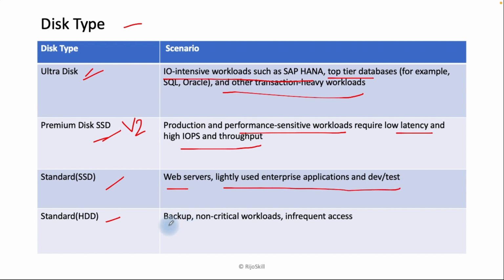Standard HDD is used for backup, non-critical workloads, and infrequent access, because you don't need to access the data continuously with reads and writes. It is mostly used for backup purposes. So now you understand the disk types: Ultra Disk, Premium SSD, Standard SSD, and Standard HDD.